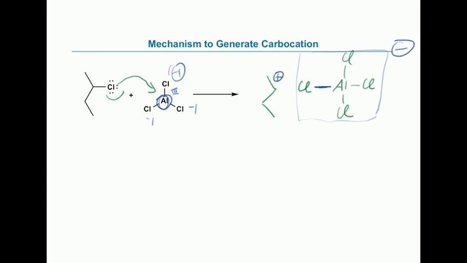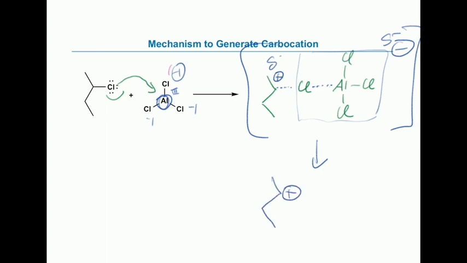So you can think of drawing this as a dotted bond across here. This would probably be described as a delta plus and a delta minus. It's forming this charge as that bond is stretching. If this was a transition state, the final complex we're making here is the carbocation and AlCl4 minus, the fully ionized one.